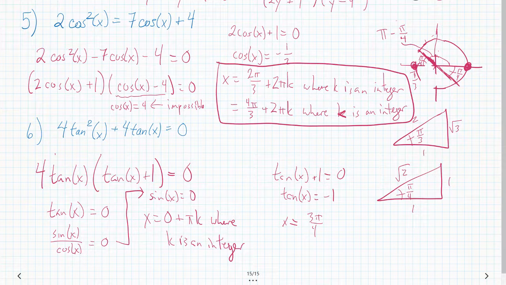Plus, notice if you added just another pi, you get 7 pi over 4, which would be just enough to match that value. This angle is 7 pi over 4, which is just adding pi to this. So plus pi k, where k is an integer.